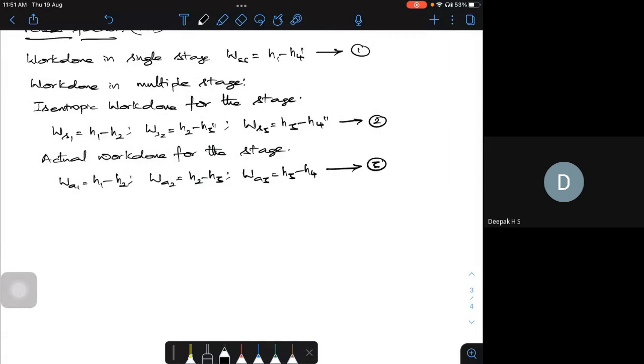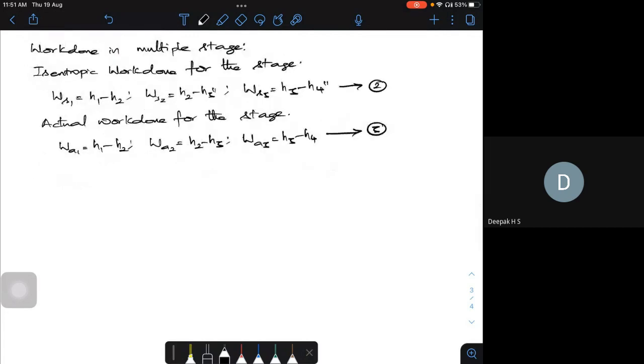Now, what is your total isentropic work done for multiple stages? I can write the total isentropic work done for the multiple stages as the sum of W_s,i, where i is equal to 1, 2, 3 and so on. So isentropic work for the first stage, then for the second stage, then for the third stage.